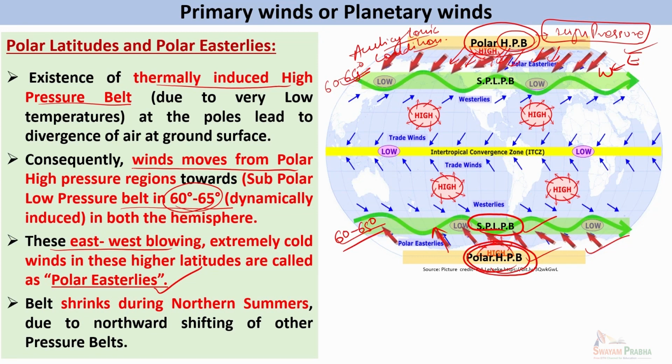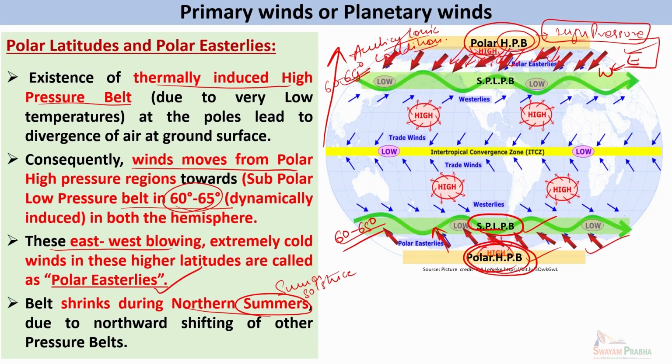But this particular belt shrinks dramatically during the northern summer season or during the summer solstice, primarily because of the northward shifting of all the pressure belts during the northern summer season to higher latitudinal areas. So in that condition, the area which is under the influence of polar easterlies is greatly reduced.